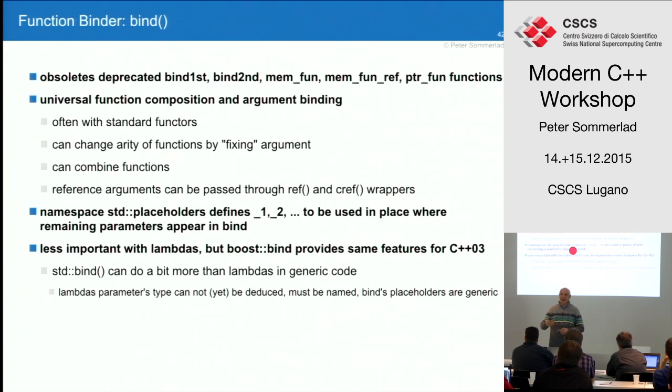Like multiplies takes the binary multiplication operator to its 2 parameters and returns the result of multiplication. And it does that in a generic way, so you can pass any type where the multiplication operator is defined to that function object. And you can use that function object as an argument to the algorithms that we used.